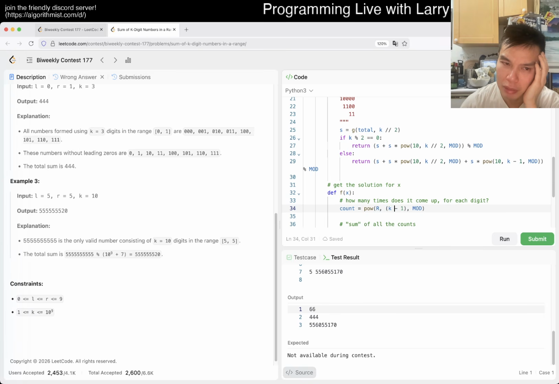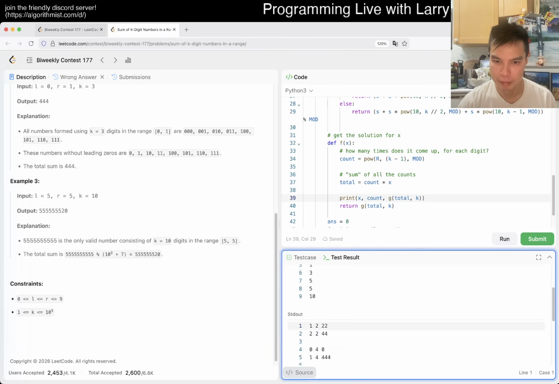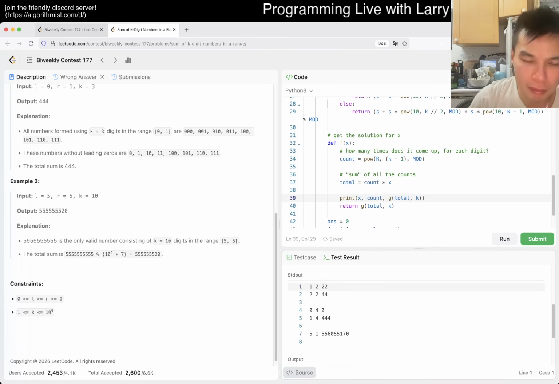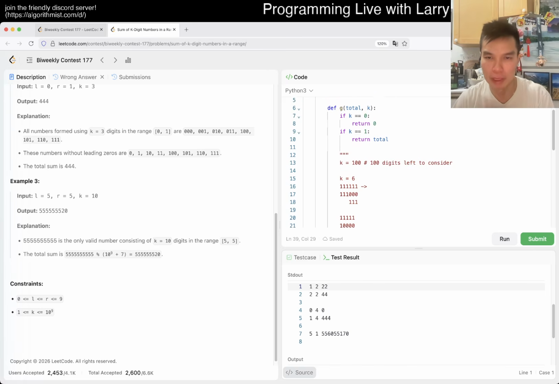So k minus 1, so there's 9 digits, range is 1. So no, this is just going to be 1, right? Let's put it in the debugging anyway, just to make sure. Yeah, so this is 1.